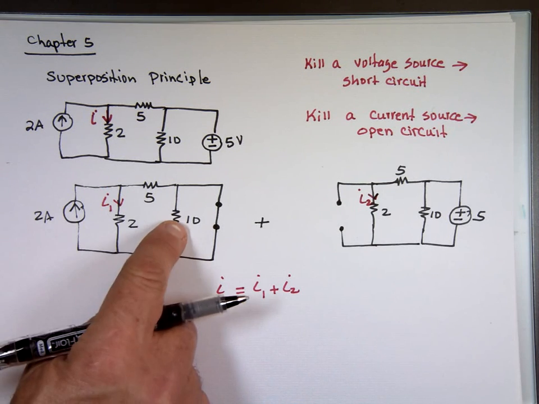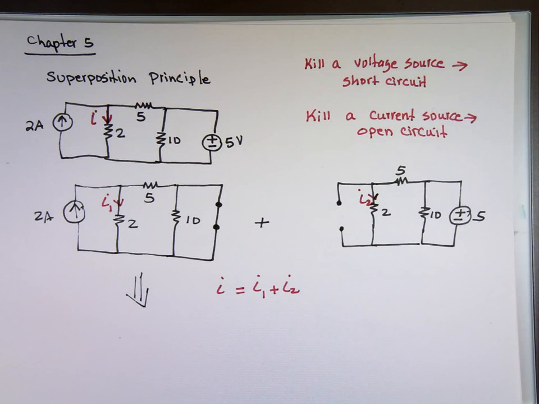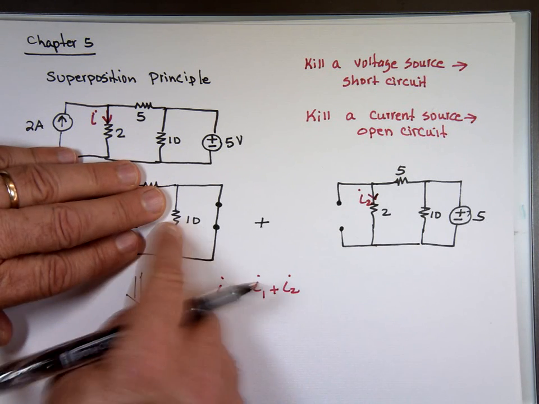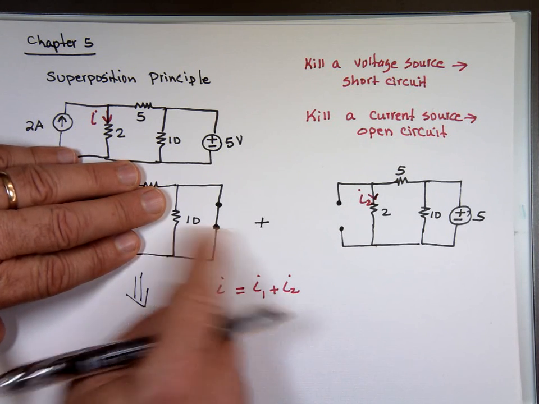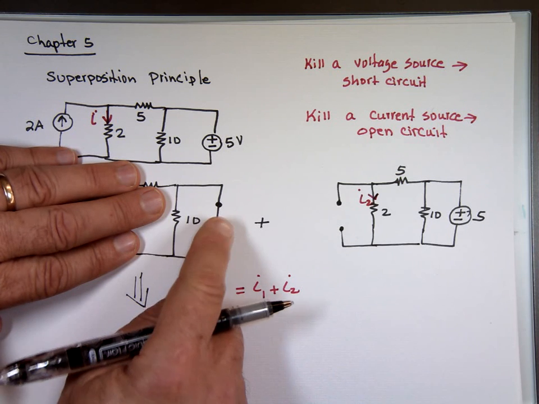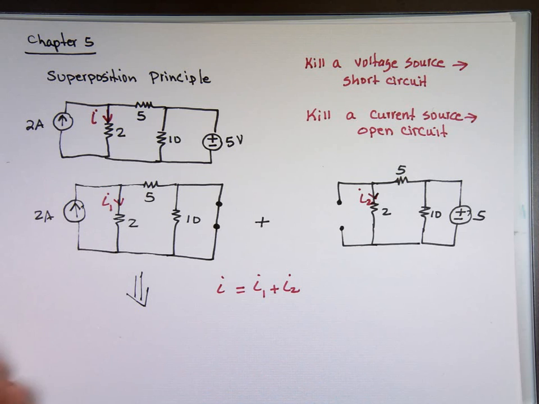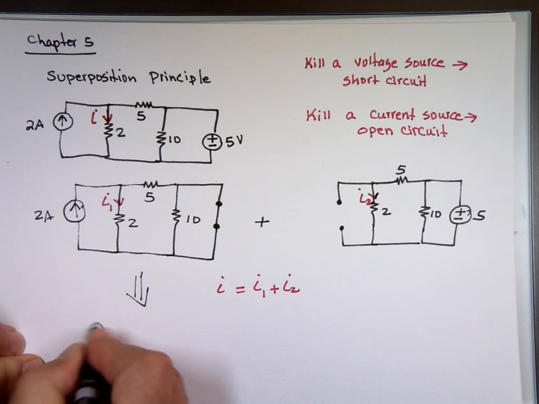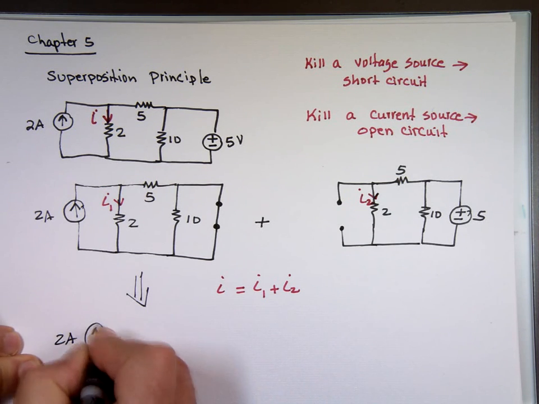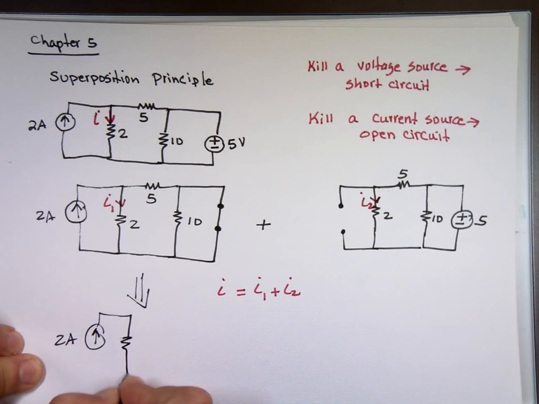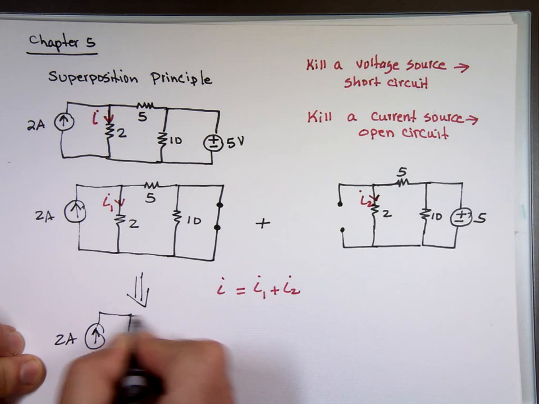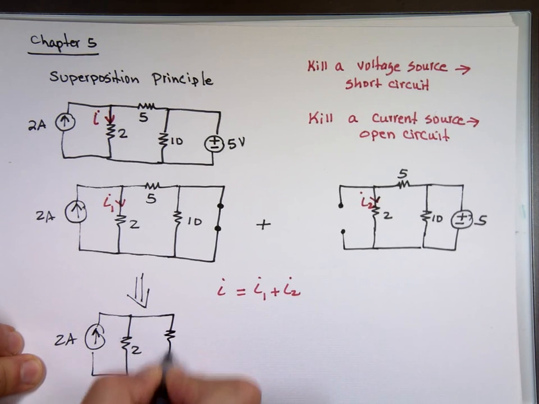What's going to happen to that resistor when you put a wire across it? It's gone. Why? Because it's in parallel with 0, right? It's the product over the sum. What's 10 times 0? 0, divided by 10, that's 0. It's gone. So my circuit here, this will be 2 amps. This is the 2, and this is the 5.